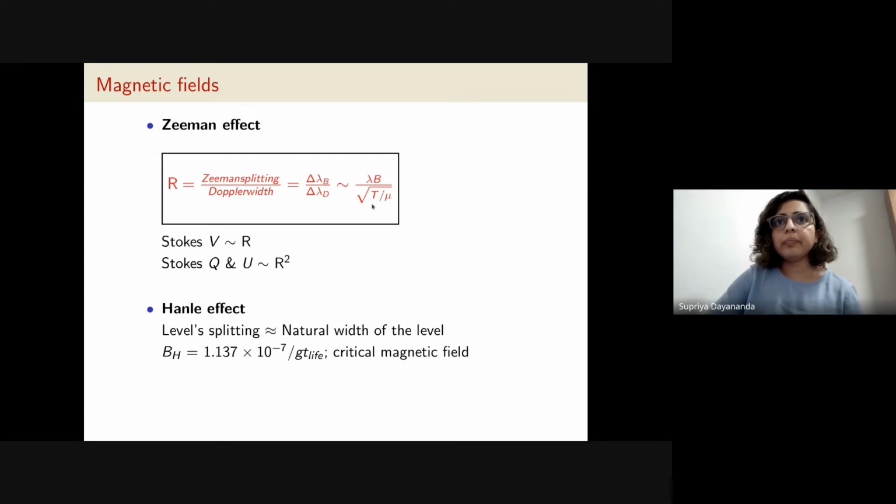So in the corona, since we have very low magnetic fields and very high temperatures, this ratio is generally small. In other terms, the coronal lines are not very significantly sensitive to the Zeeman effect, except of course for the IR lines, mostly the forbidden lines, which have very large wavelengths and hence can show some sensitivity to the Zeeman effect.